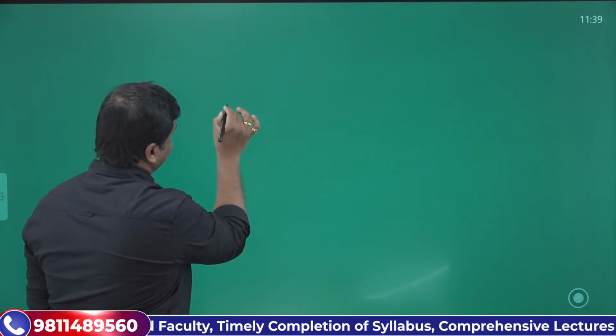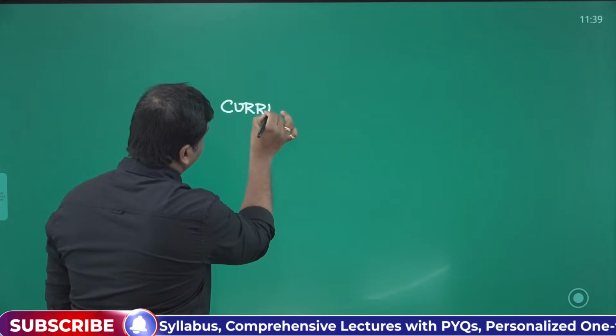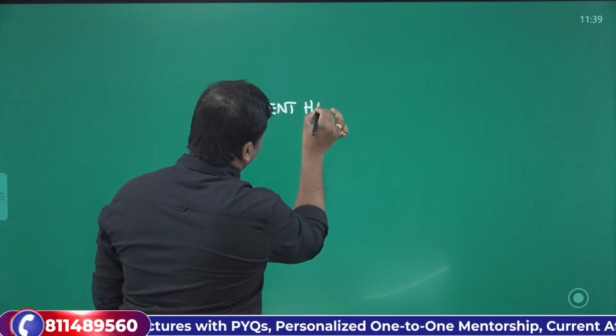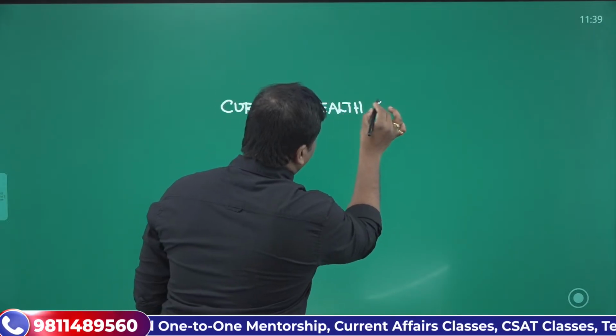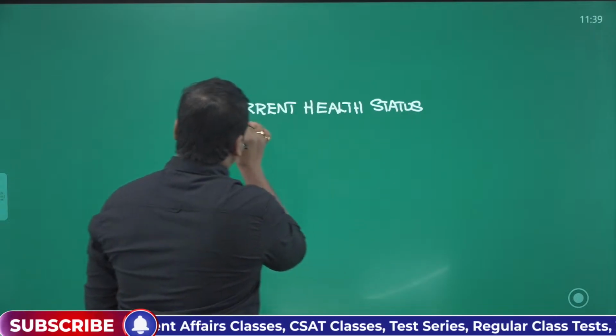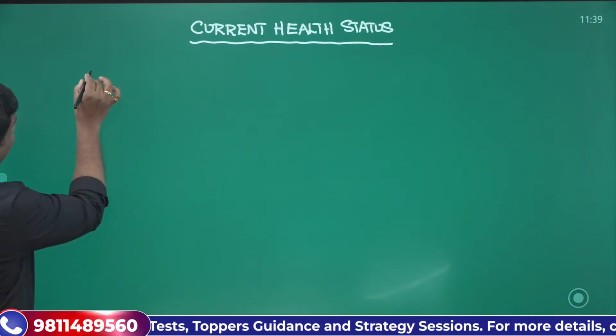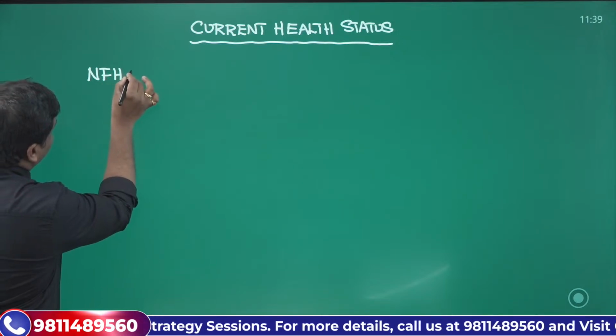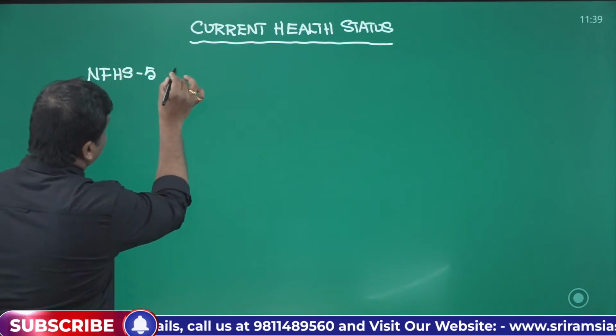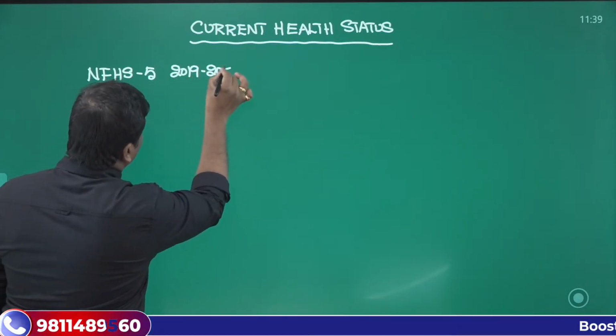Now friends, first let's understand the important health parameters, or the current health status of the tribes. When we look at the current health status of tribes, we have data from the National Family Health Survey 5, conducted in and around 2019 to 2021.